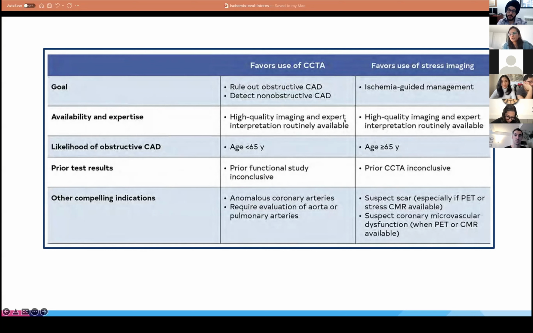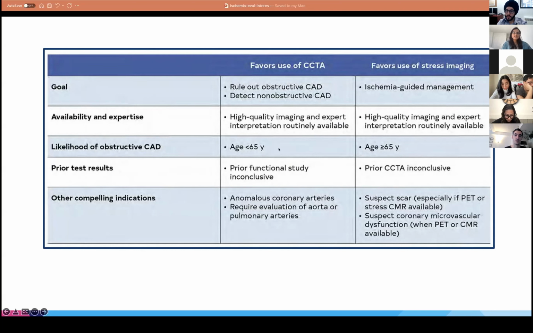Again, you want to make sure that it is available at your institution. We have both good quality CTA as well as good quality stress imaging available at our center, so it's not a problem here, but the local expertise also matters.